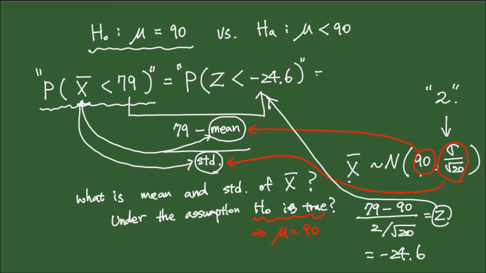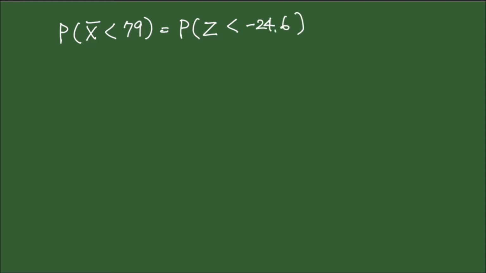And my follow-up question is, how do we calculate that probability again? So now we already know that the probability of x bar less than 79 is equal to the probability that the standard normal random variable is less than -24.6, and our goal is to calculate this one.